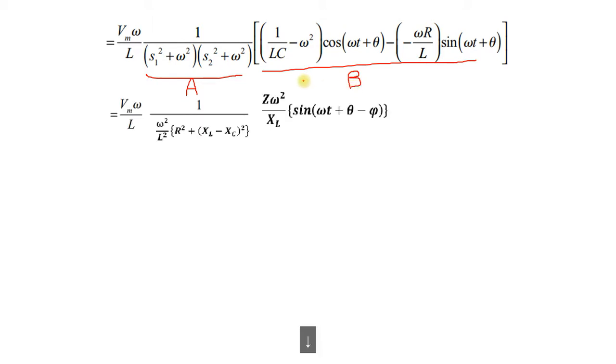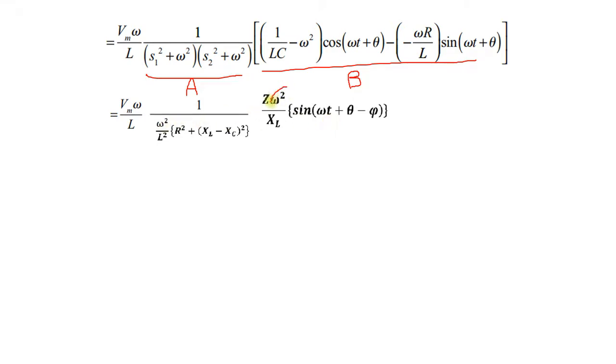So which is nothing but Vm into omega divided by L, 1 divided by omega square by L square into R square plus XL minus XC the whole square, into Z into omega square divided by XL into sin of omega t plus theta minus phi.